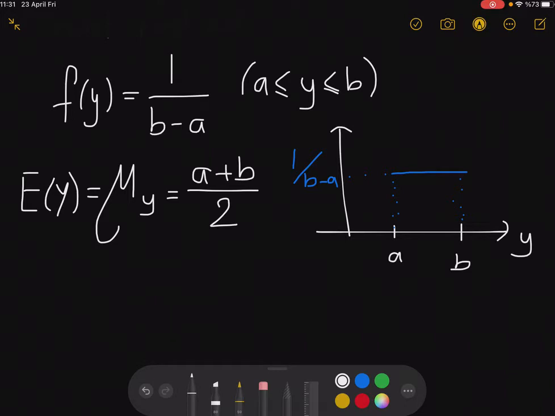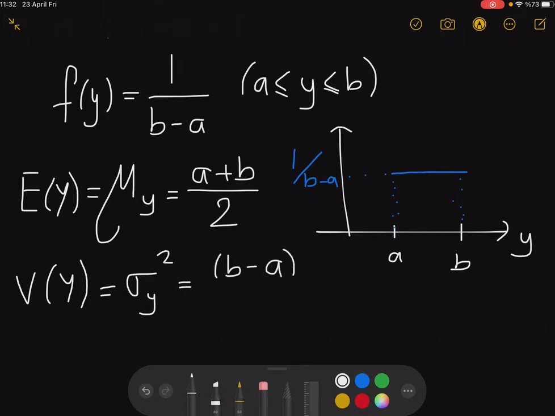And what would be the variance of this distribution, which is the square of your standard deviation? It would be (b minus a) squared over 12.